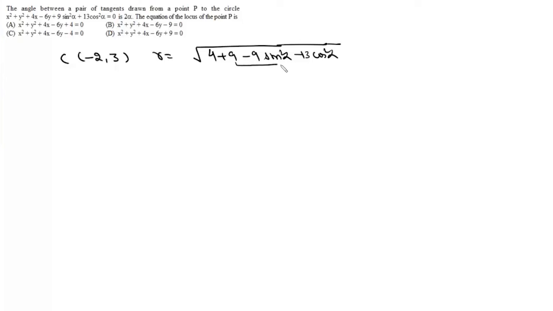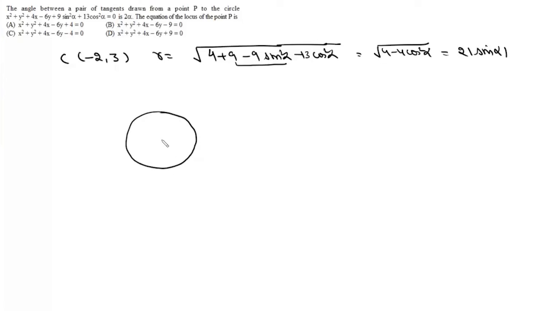Now 9 minus 9 sin square alpha is 9 cos square alpha. 9 cos square alpha minus 13 cos square alpha is minus 4 cos square alpha. So there will be under root of 4 minus 4 cos square alpha, and that will be 2 mod sin alpha.